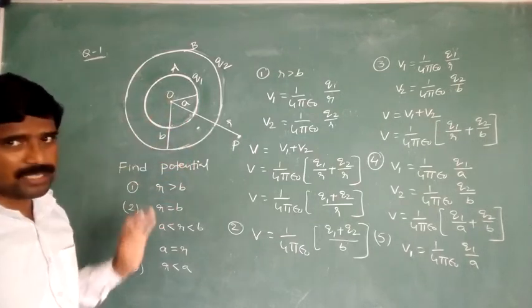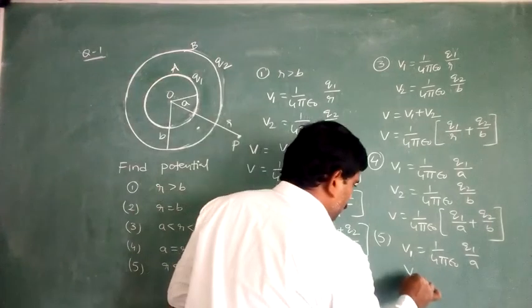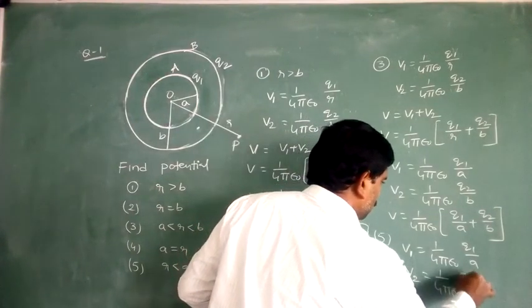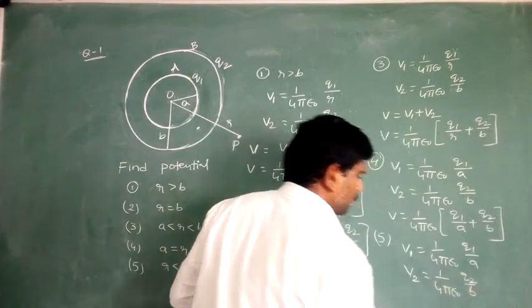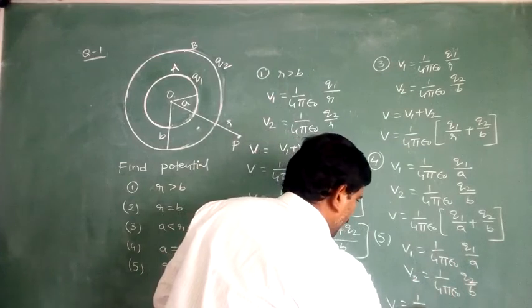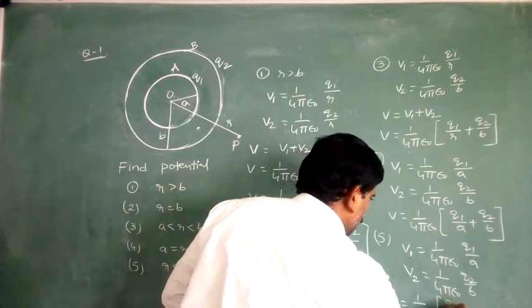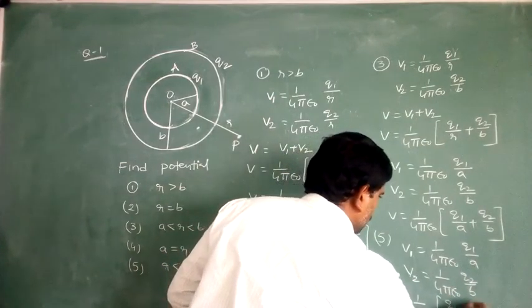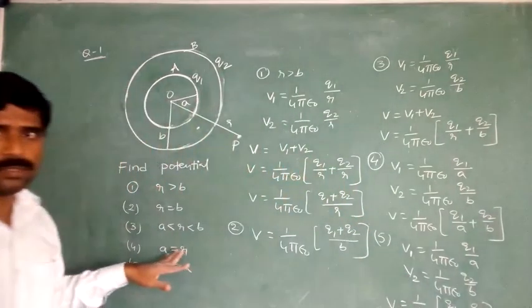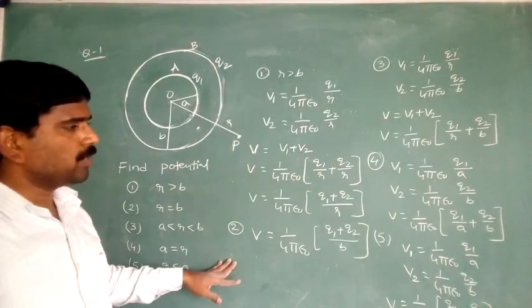Same potential is inside also. Therefore, V2 is equal to 1 by 4 pi epsilon naught into Q2 by B. Therefore, V is equal to 1 by 4 pi epsilon naught into Q1 by A plus Q2 by B. These are the potentials.